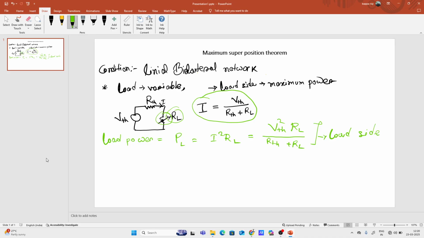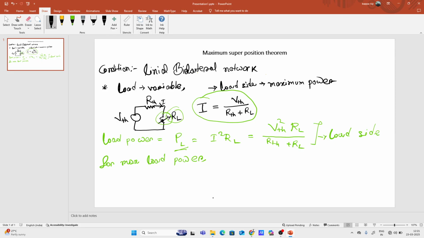So for maximum load power, anytime they say find the maximum, you always have to take the derivative. So we'll take the derivative of this.